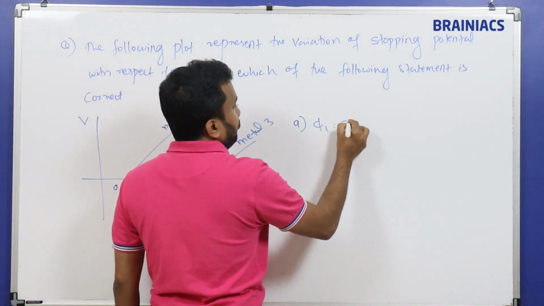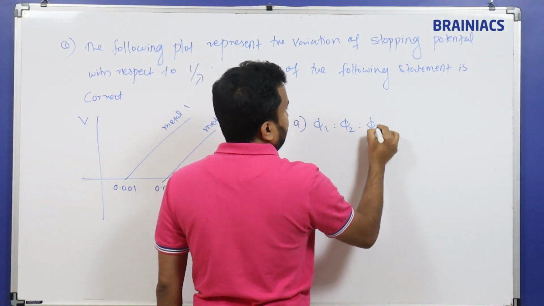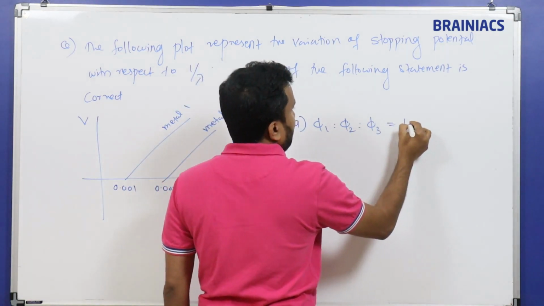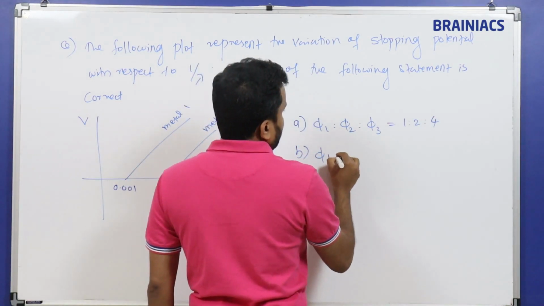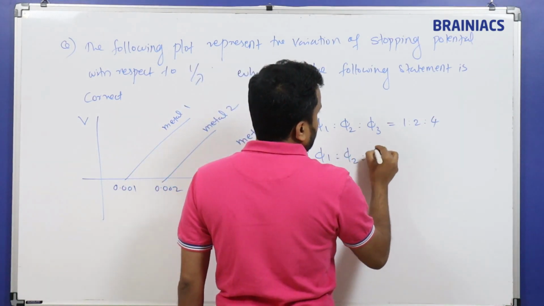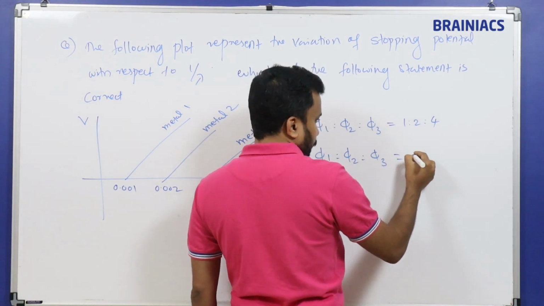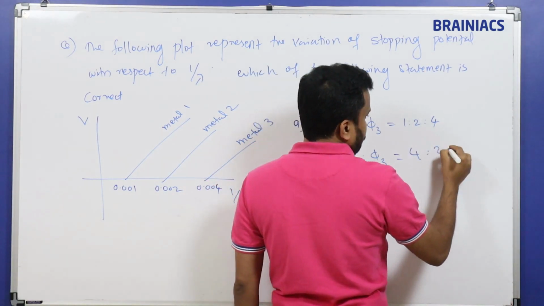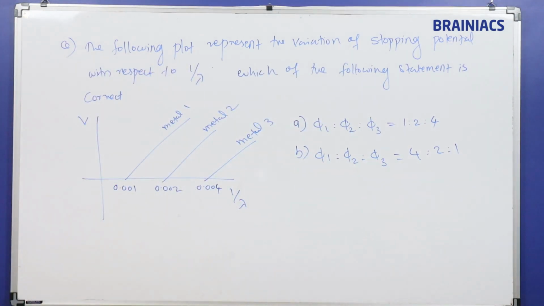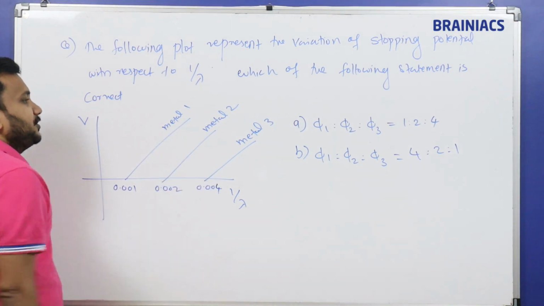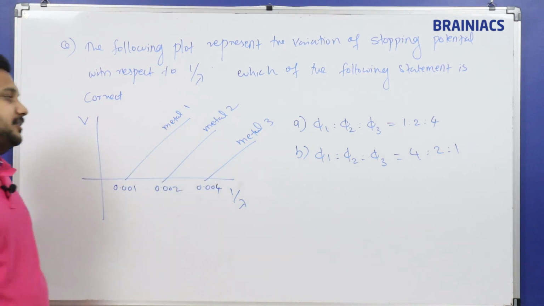Phi 1 is to phi 2 is to phi 3 is equal to 1 is to 2 is to 4. Phi 1 is to phi 2 is to phi 3 is equal to 4 is to 2 is to 1. What are phi 1, phi 2, phi 3? They are the work functions, so the ratio of the three metals' work functions is given as phi 1, phi 2, phi 3.